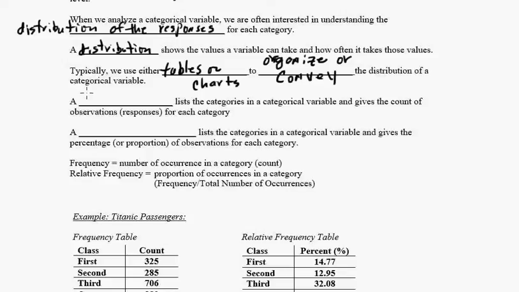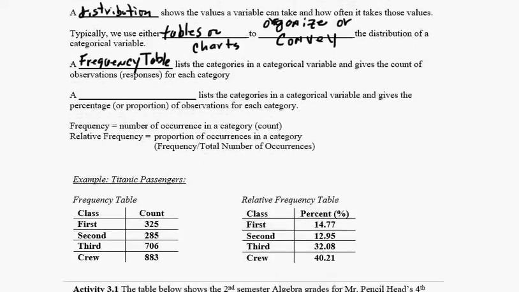We start with what we call a frequency table. It lists the categories in the categorical variable and gives the count of the responses.